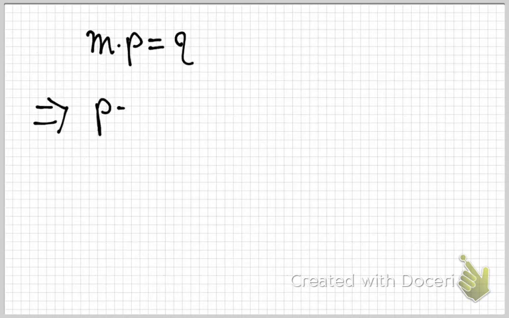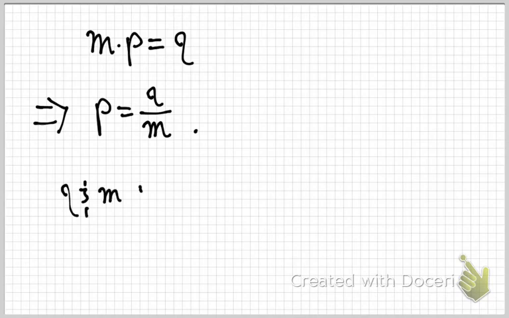M times P equals Q. All right. If I apply a little bit of algebra, I get P is equal to Q divided by M. All right. Now, keep in mind, I'm operating under the assumption that my hypothesis is true, but my conclusion is not true.